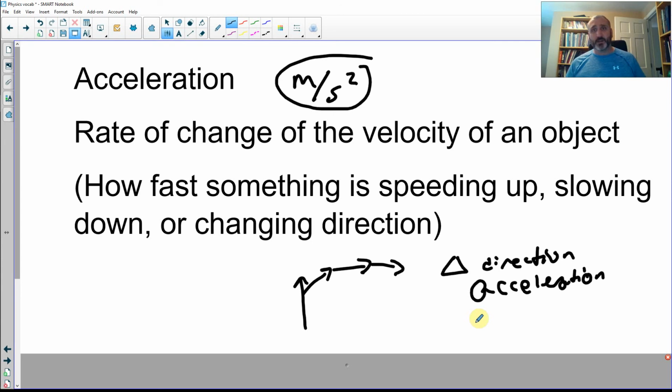By the time you get out of here in May or June for juniors and seniors, you're going to be able to figure out something's acceleration by either looking at how much they're speeding up or slowing down, or how quickly they're changing their direction. And this is sort of interesting, if you've ever been to an amusement park, most of the fun rides happen because you accelerate. You go on a roller coaster and you start by going really slow, and then you go really fast, and that's fun.